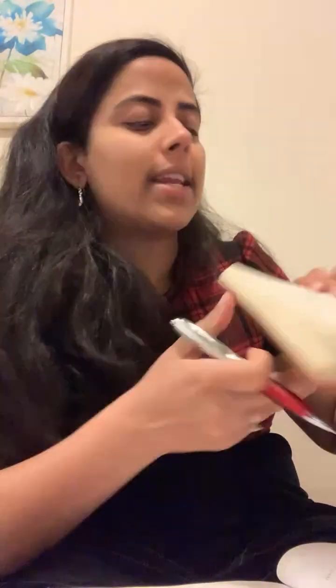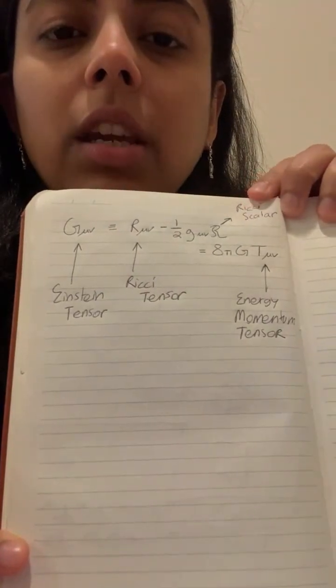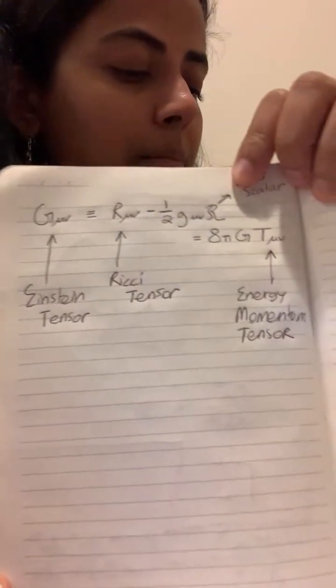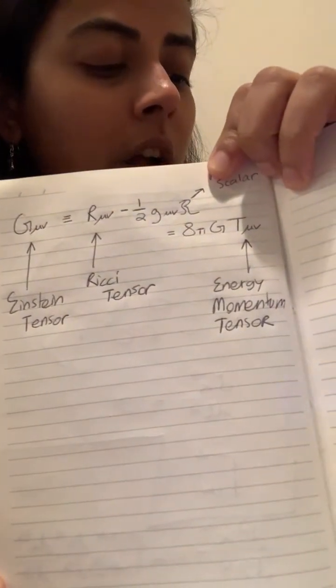And he's doing the math simply of the left-hand side. So this is just him writing down the math of the left-hand side. I thought we were supposed to get the 8 pi G here, but we're not. See how there is the Ricci tensor minus 1/2 g mu nu times the Ricci scalar.